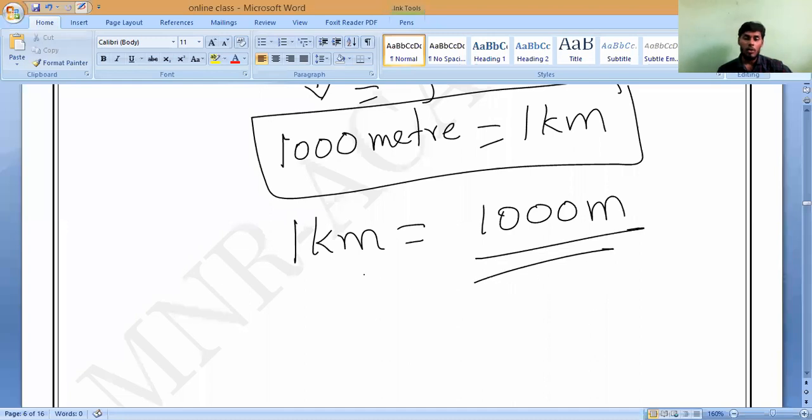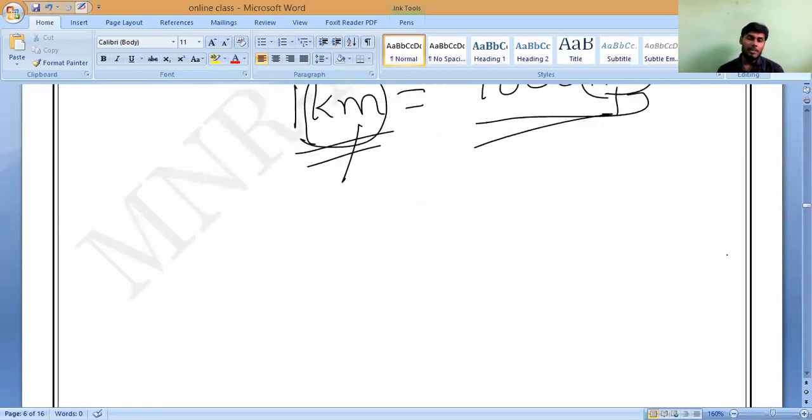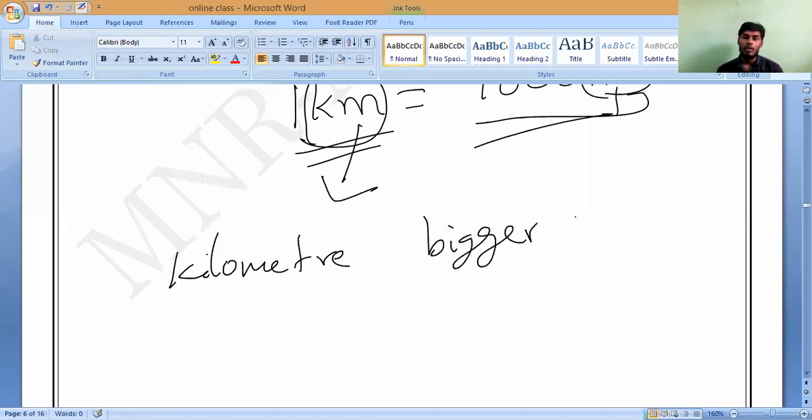1000 meters. Now who is bigger? Sanat, you say. Kilometer is bigger or meter is bigger? Suppose you have 1 kilometer and Narayan has 1000 meters. Who is bigger? Kilometer is bigger. Kilometer is the bigger unit of length.